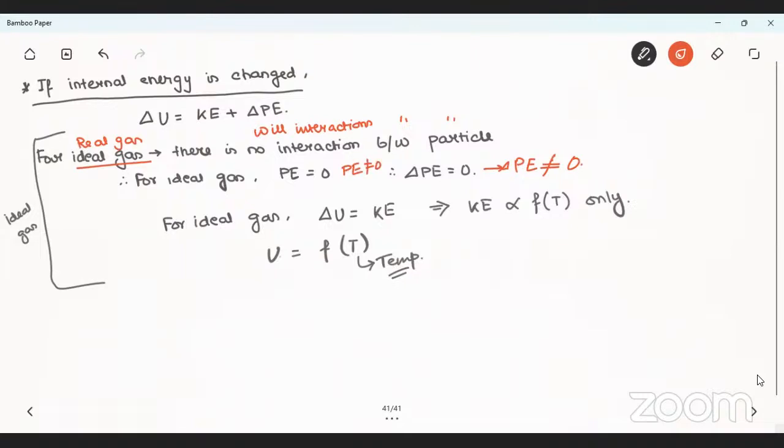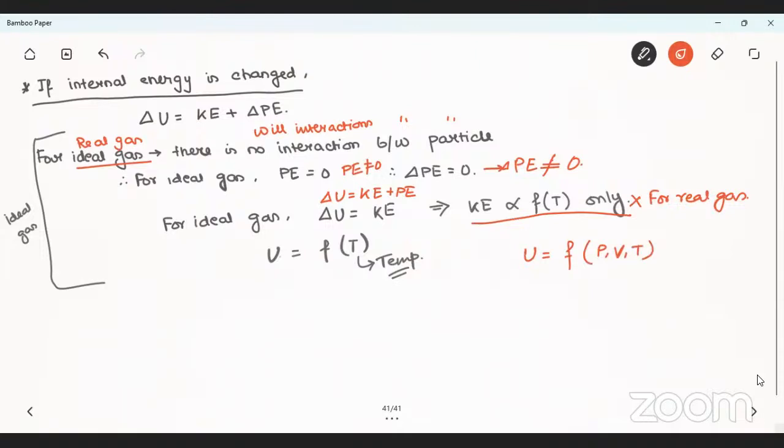So for real gas, delta U will be kinetic energy plus potential energy, and this condition will not hold for real gas. So for real gas, U will be a function of pressure, volume, temperature, all three.